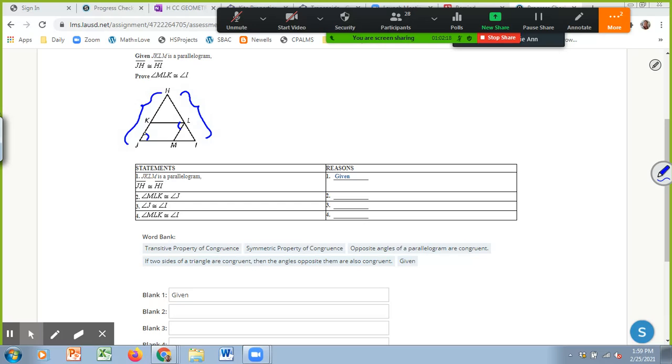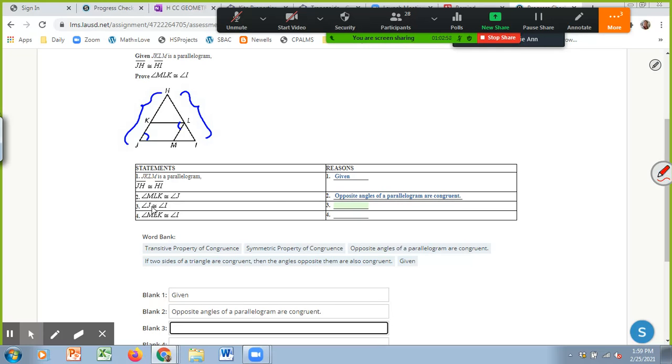And that's inside the parallelogram, not in the rectangle. So think of parallelogram. What are the properties of parallelogram that describes opposite angles? What can you say about opposite angles of this smaller parallelogram right here? What are you going to pick? Yes, that's correct, Adrian. So for number 2, opposite angles of a parallelogram are congruent. There you go.